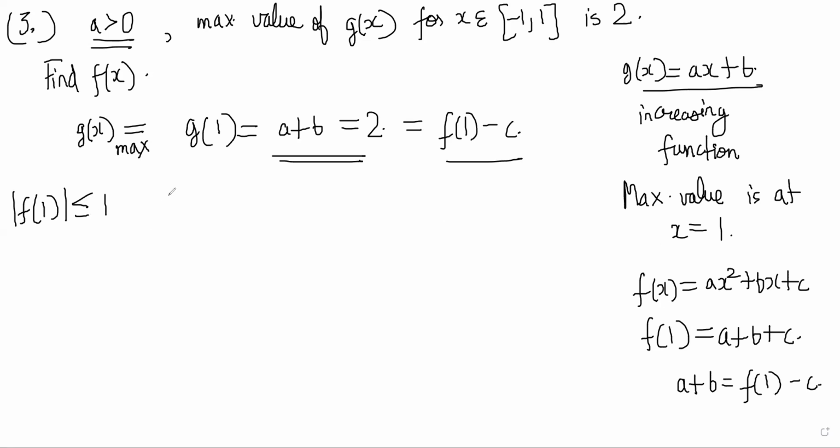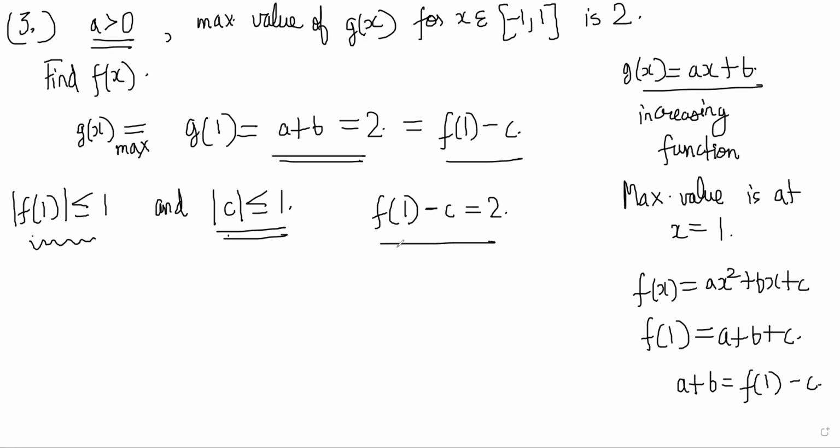Mod of f of 1 is less than equal to 1 and mod of c is less than equal to 1. We have proved this part in the first part of the problem. Mod of c is basically mod of f of 0. How is that possible then that f of 1 minus c is equal to 2, right?